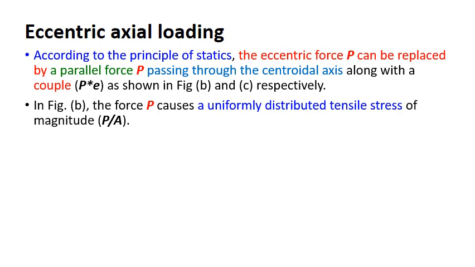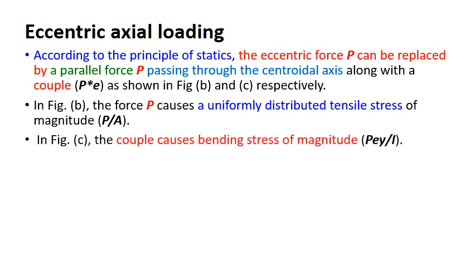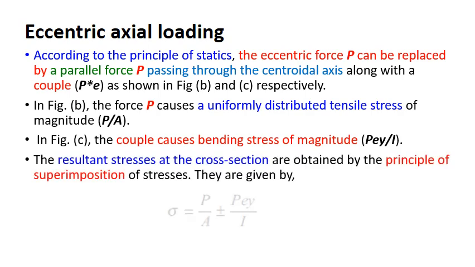P produces a uniformly distributed tensile stress of magnitude P by A, and the couple produces bending stress, Py by I. You can add these two because these are scalar quantities and vary linearly within the elastic region. So the net stress is plus or minus, depending on the type of P; it can be compressive or tensile. If it is tensile, you will have a plus sign, otherwise a minus sign.